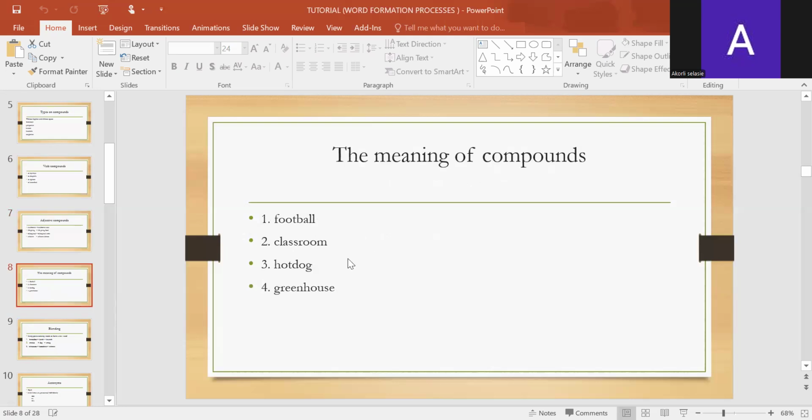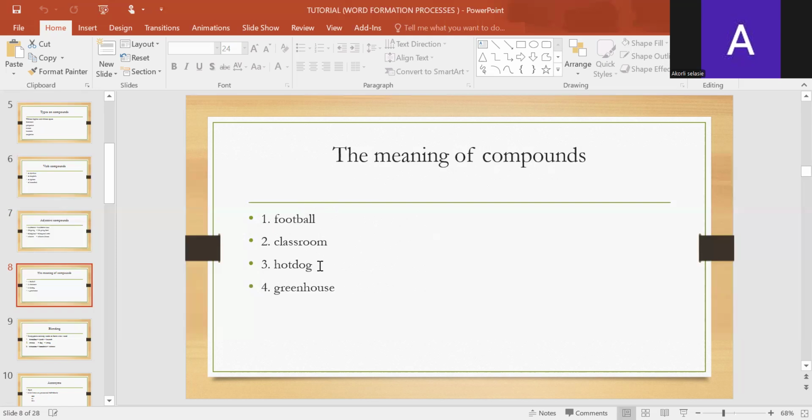Now, look at it. We discussed in class that it is possible to derive the meaning of the compound from the individual words. For example, football is a kind of ball, probably a kind of ball which is normally kicked by the foot. Classroom is a room where a class is organized.